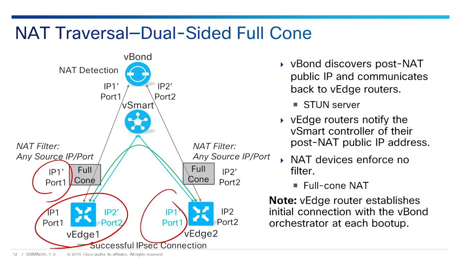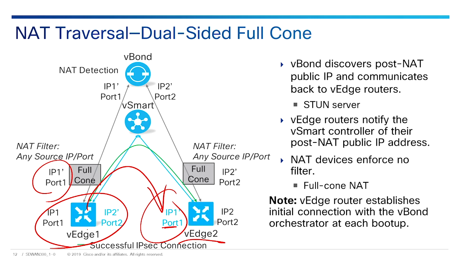Okay? So when vEdge 2 sees it, this is what he sees. That's that public IP address through the system. The vBond orchestrator detects the translated address, informs the vSmart controller, and vSmart sends IP1 prime to the peer vEdge router. That way both vEdge routers know which address to use, and NAT can be traversed without a problem.